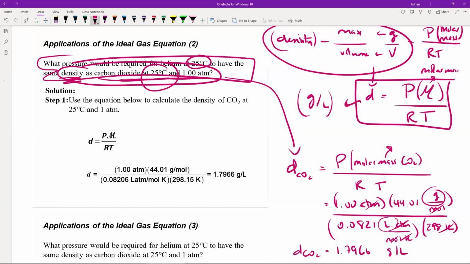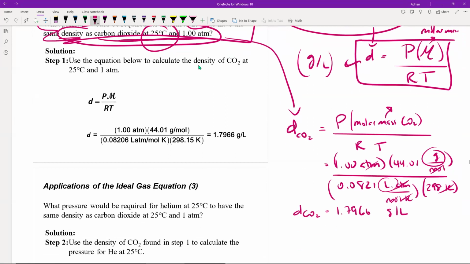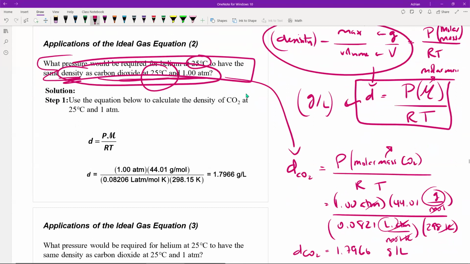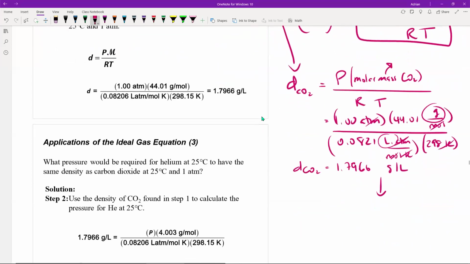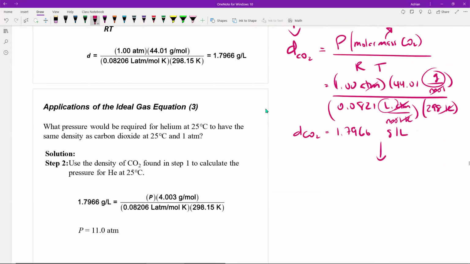So what we need to do is figure out what pressure would be required for helium at 25 degrees to have that density.